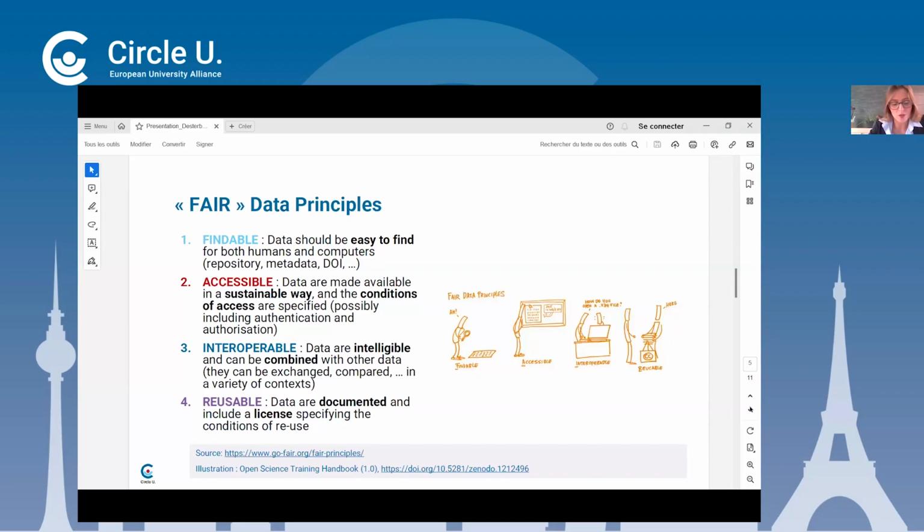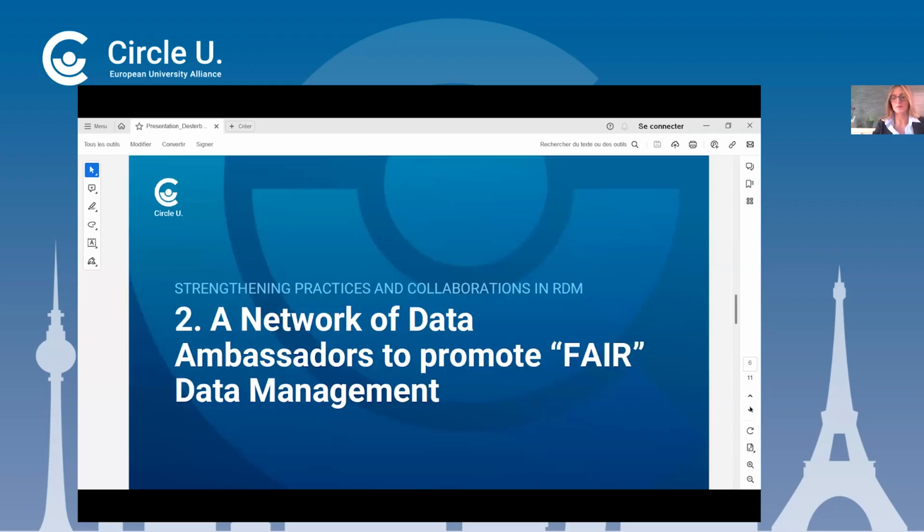And finally, reusable is the ultimate goal of open data. To achieve this, data must be well documented, and a license must clearly state what the user can or cannot do with the data. These are the practices we train researchers in, and we support them in implementing them.